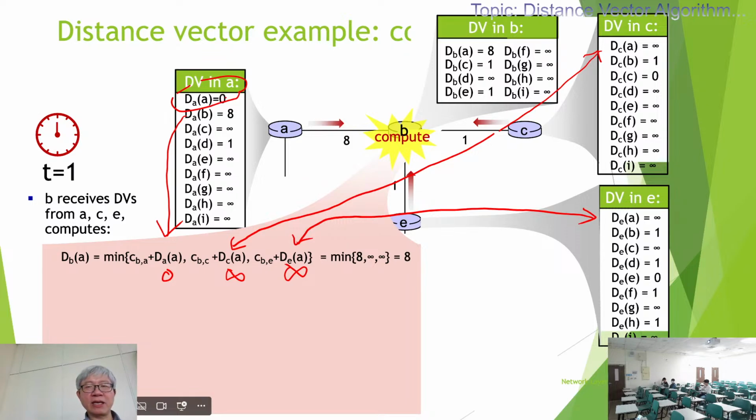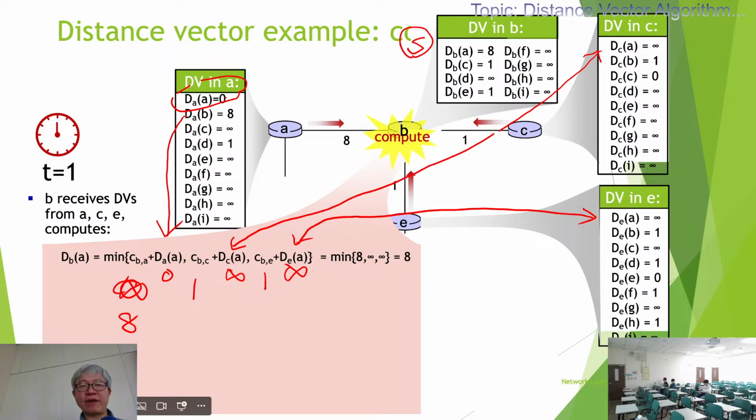And about the link cost, here we have 1 and 1, but this is 8. Sorry, it's 8. So finally, we will have an update. Currently, it's 8. So it's 8, even with the recomputation. Still, it's 8. So no update for this. Same.